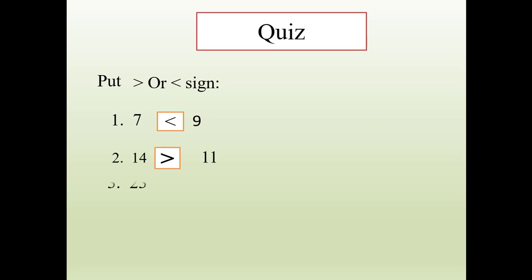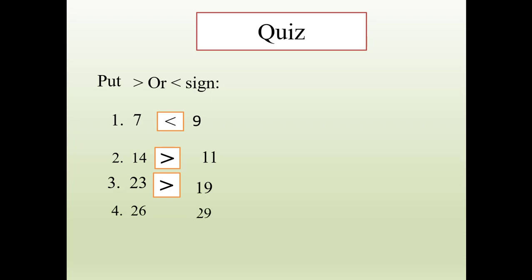And third, 23 and 19. So tell me which sign. Now we put here, 23 is what? Yes, 23 is bigger than the second number, so see the answer, greater than.